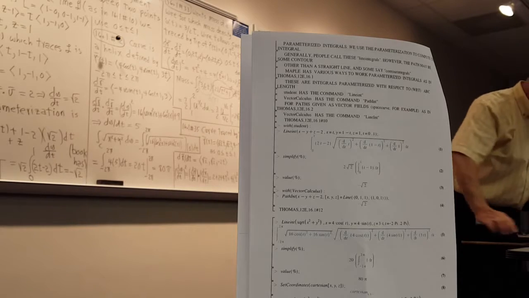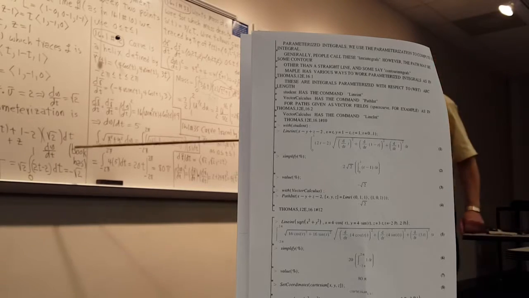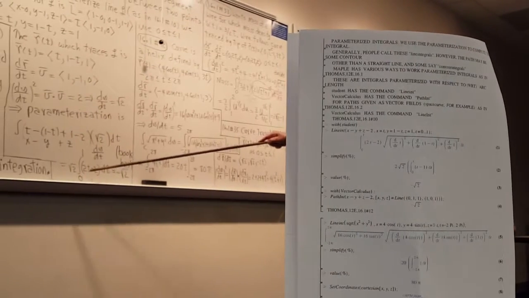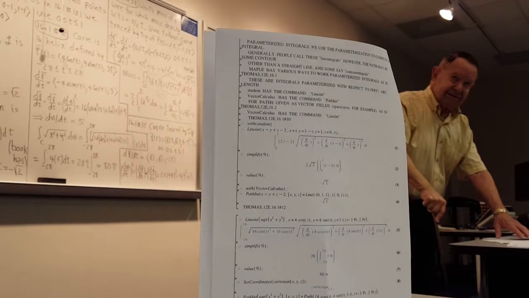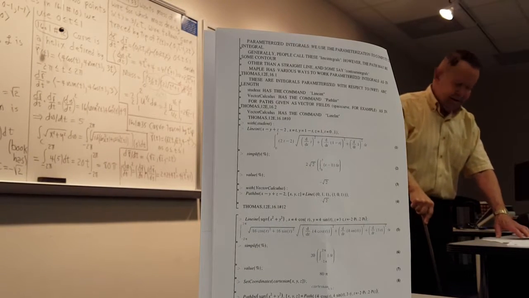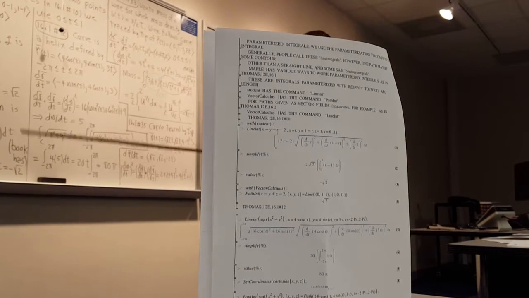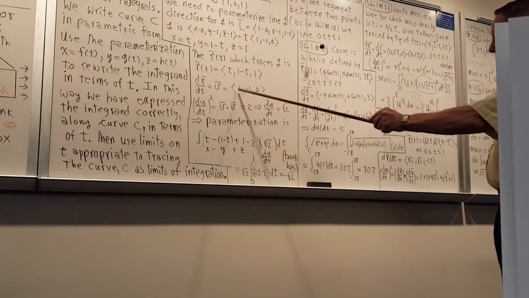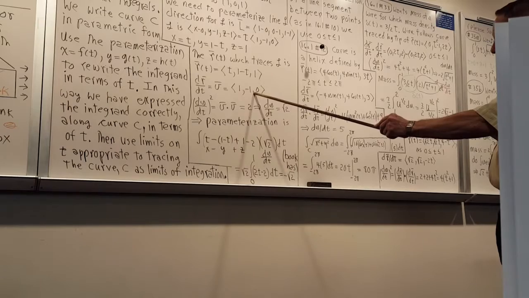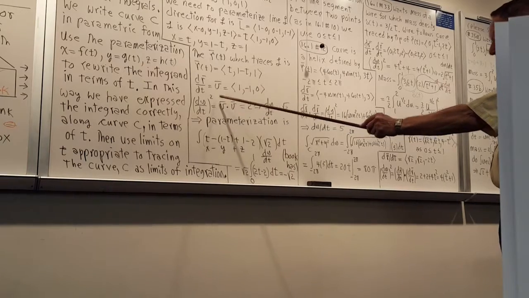0 to 1, the 2t minus 2 is this, and then all that in the square root is the ds dt computation. See, it is the computation of doing this derivative and then dotting it with itself and then square rooting that.